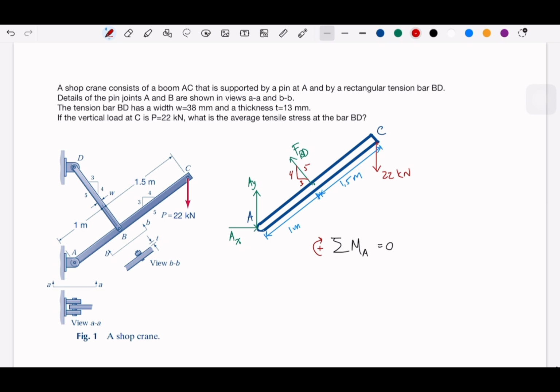It will be the same. So let's say this is positive, just to help calculate.